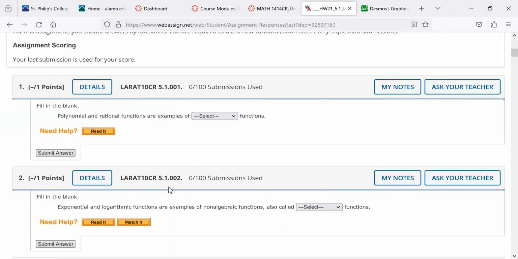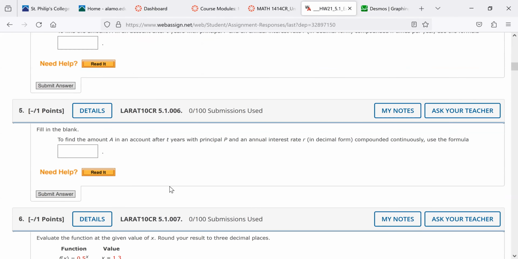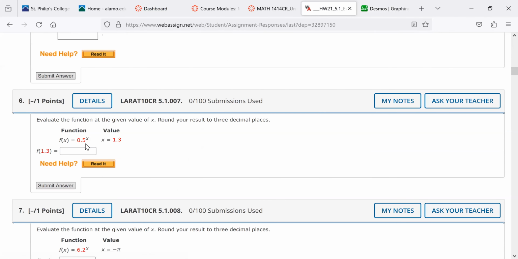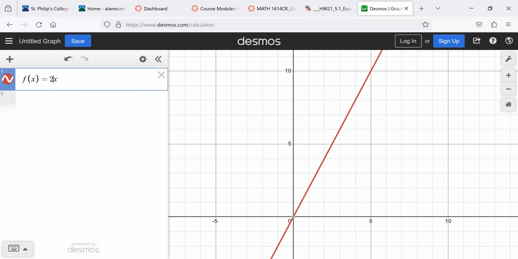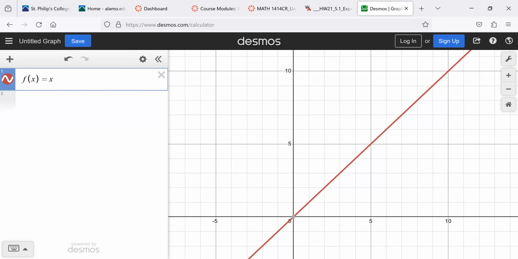So on the homework, they're just going to start you off by trying plugging in some numbers. So here's 0.5 to the x. Plug in 1.3, see what you get. So it's nothing crazy. They just want you to get comfortable.